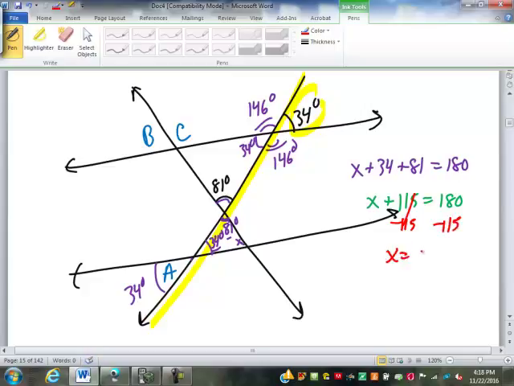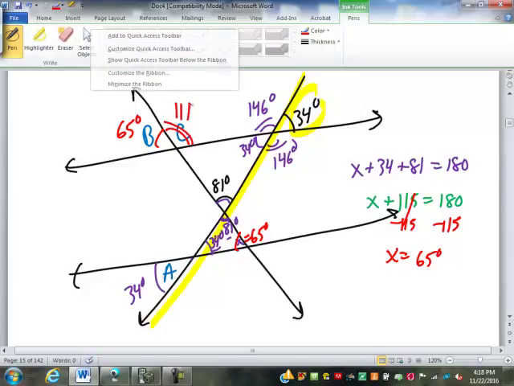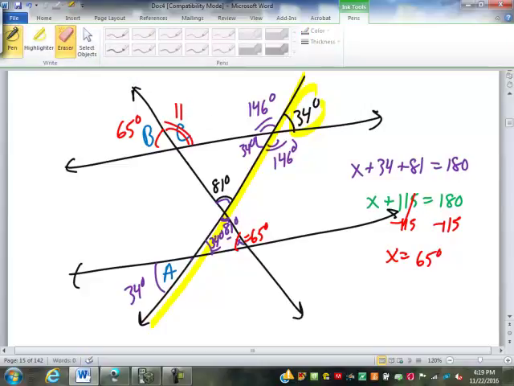X equals 65 degrees. So if that's 65 degrees, that means B is 65 degrees and C is the supplement, 180 minus 65, 115. So it's kind of like putting together a big puzzle.